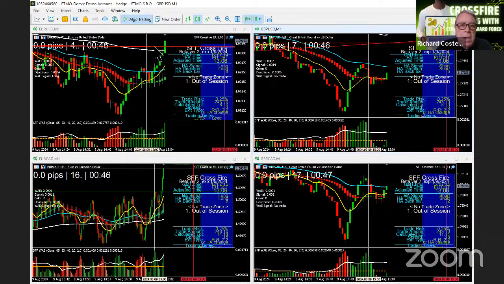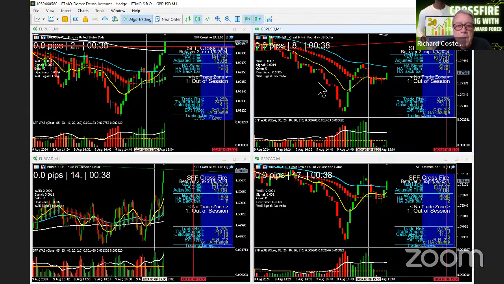Look at this chart here: Euro US is steaming upwards, and GBP US isn't. It's moving sideways. So it's wrong to say that they always behave together. But Euro CAD and Euro US are behaving similarly, and GBP US and GBP CAD are behaving similarly.